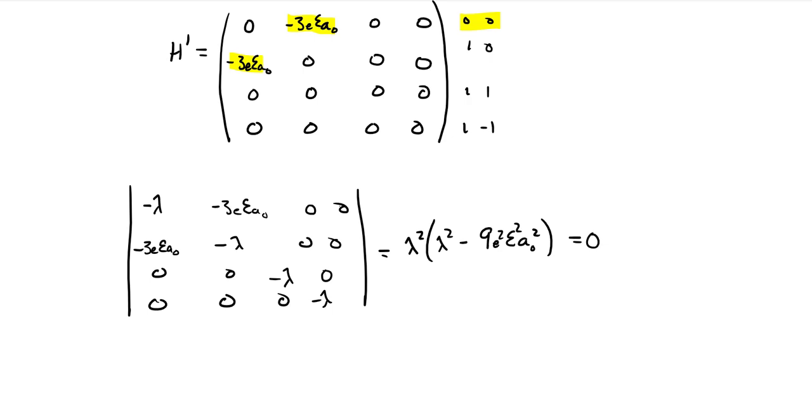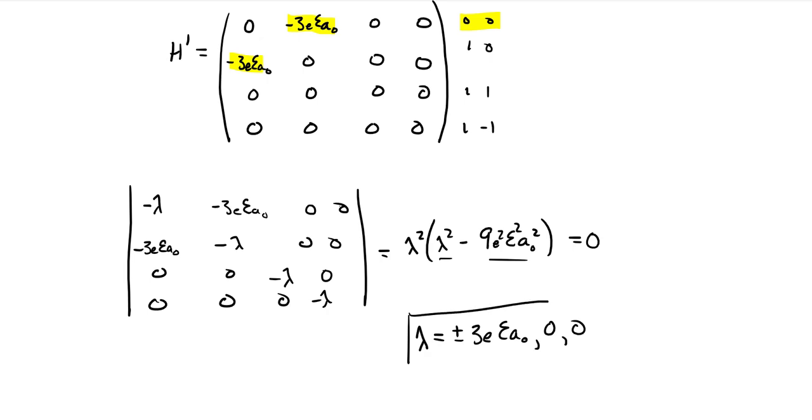When we look at that, our eigenvalues end up being plus or minus 3 e epsilon a naught, or there are 2 zeros there.